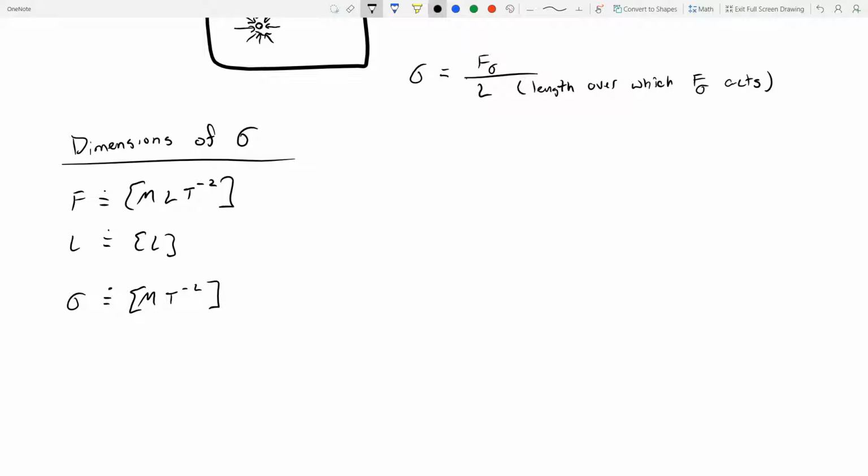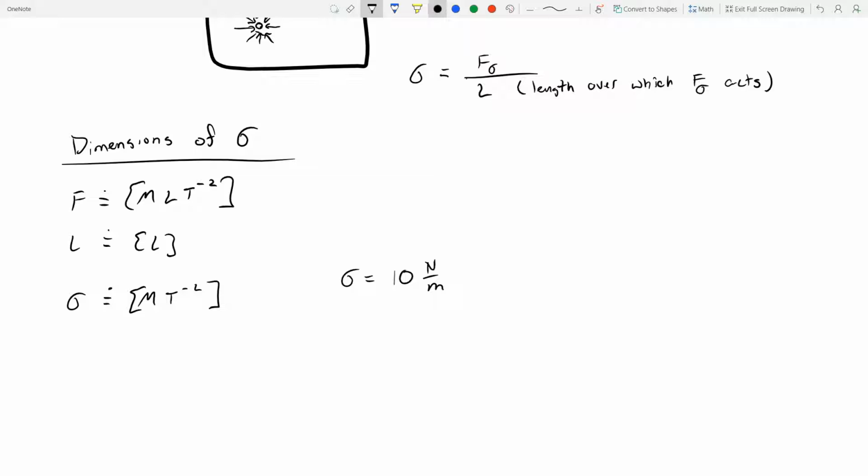And you might say, again, if you're paying attention, well, but earlier we saw that sigma is a force over a length, and mass over time squared seems completely different. And you are correct. But let's, for example, say we're given a value of sigma equals 10 newtons per meter. That's a force divided by a length.